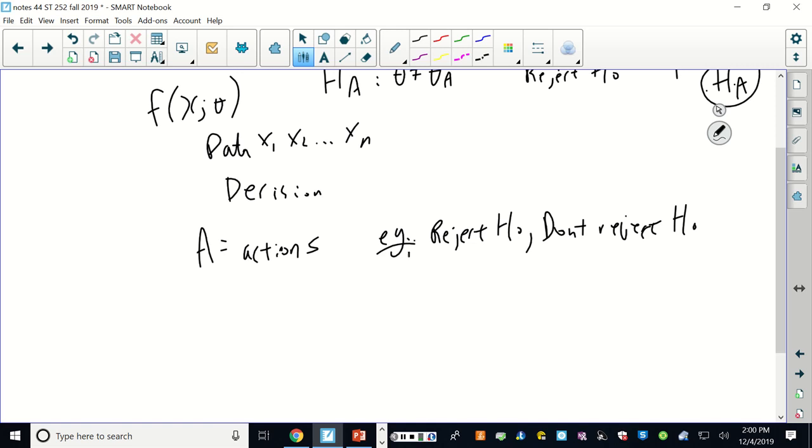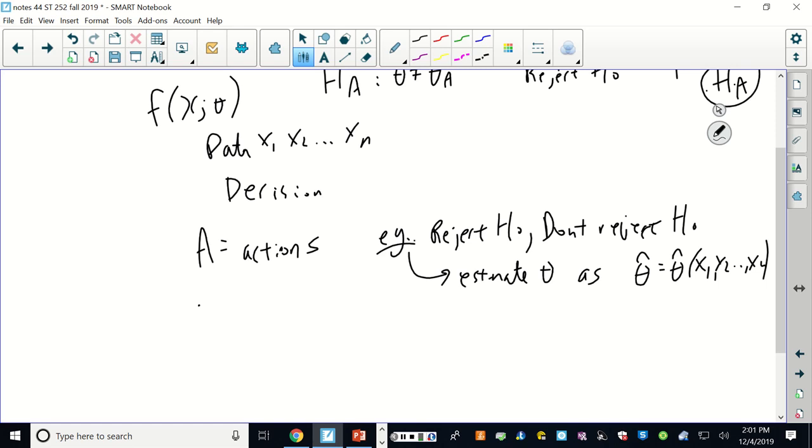Other actions can tell you to use the data in a certain way to estimate a parameter. It could tell you to use the maximum likelihood estimate, the unbiased estimate, or method of moments. Or you should do a Bayes estimate and report the posterior mean. So the actions can tell you what to do with data.